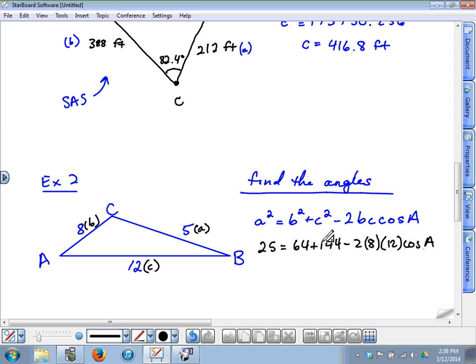So 64 plus 144, add that together, subtract that from 25, then divide by negative 2 times 8 times 12. And this is something you ought to be practicing doing. So go ahead. What are you waiting for?